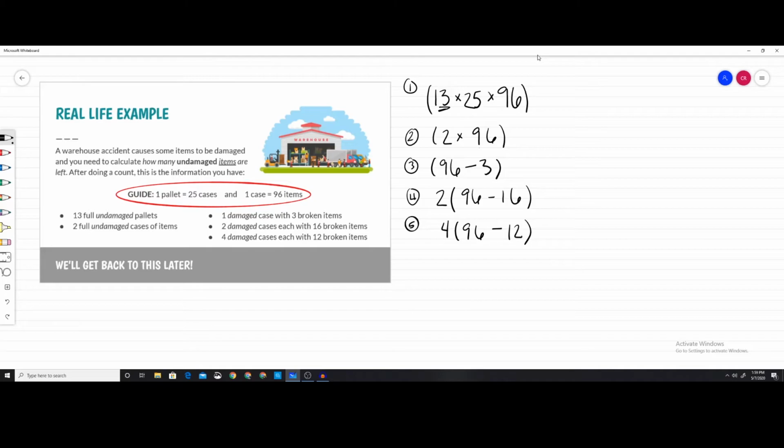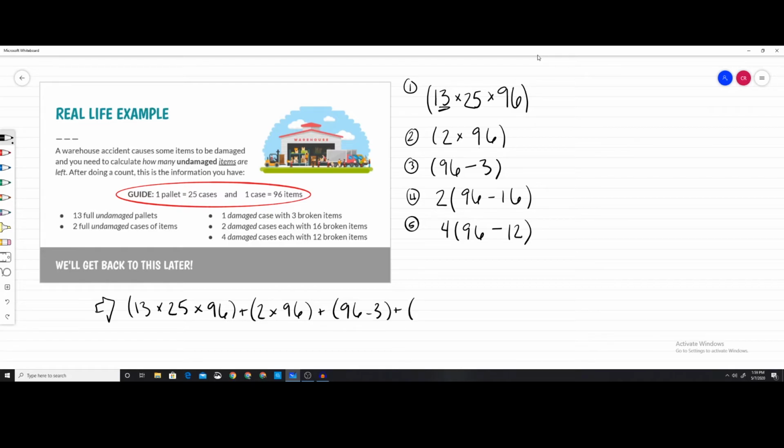Alright, so we've got 5 little mini expressions that we're going to combine to find the total number of undamaged items. Alright, so we're going to use addition with all of these things. I'll start it down here. So, we've got 13 times 25 times 96 plus 2 times 96 plus 96 minus 3.